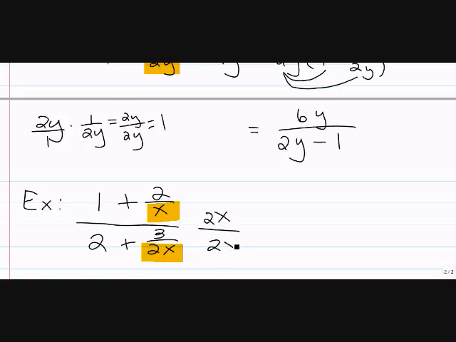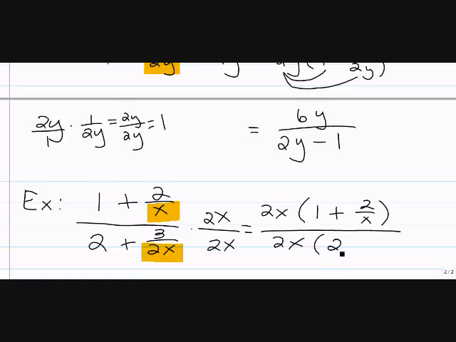So I'm going to multiply by 2x over 2x. So this is 2x times 1 plus 2 over x over 2x times 2 plus 3 over 2x.